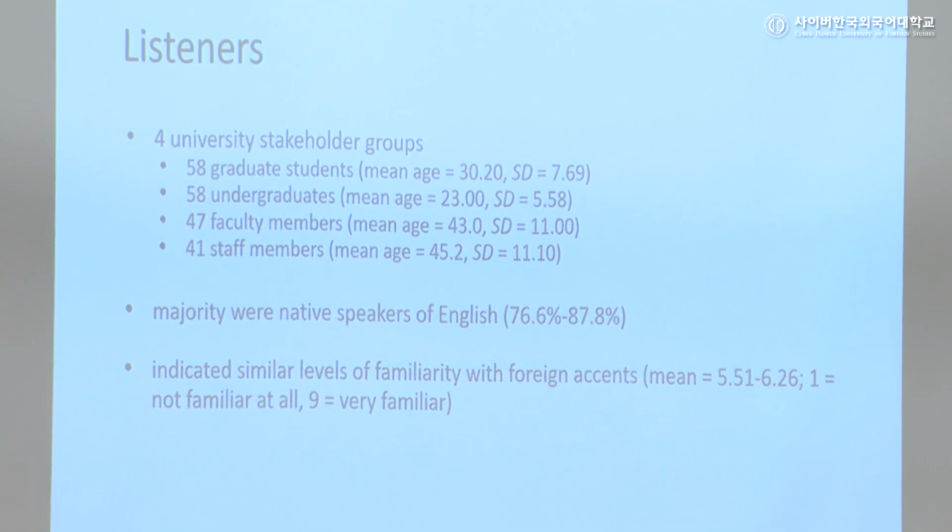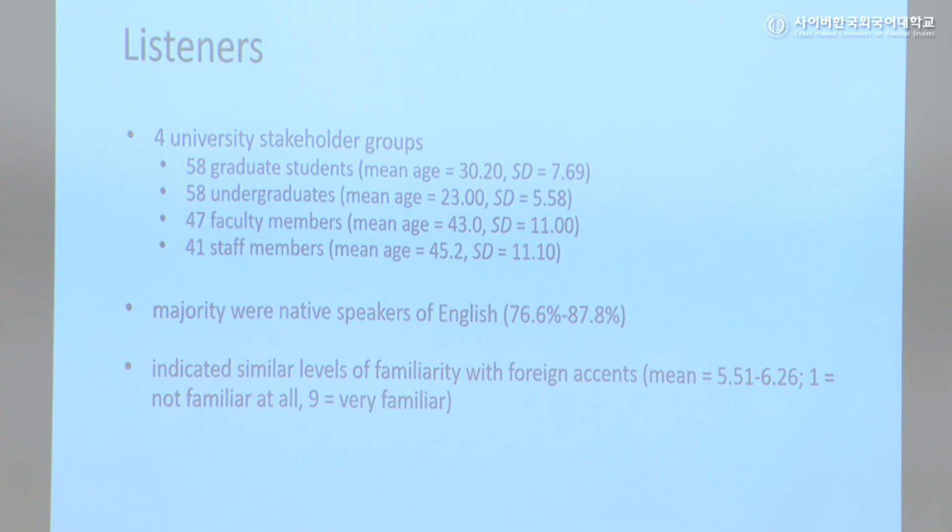And we recruited a bunch of listeners, largely from my university, from different stakeholder groups: undergraduates, graduates, faculty members, and staff, which in the US context means administrators and support staff, advisors, registrars, things like that.